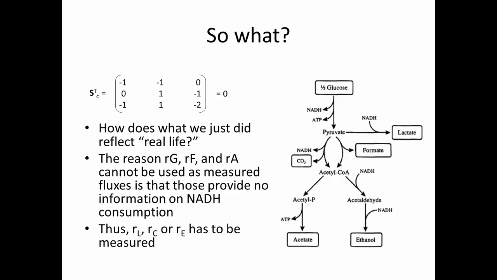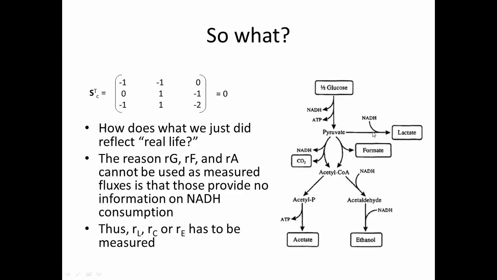So what does that mean? How does that translate into real life? The real life reason that RG, RF, and RA cannot be used is that they're not giving us any information on NADH consumption. You can see RG is here, RF would be right here, and RA, and none of them tell us about NADH consumption.